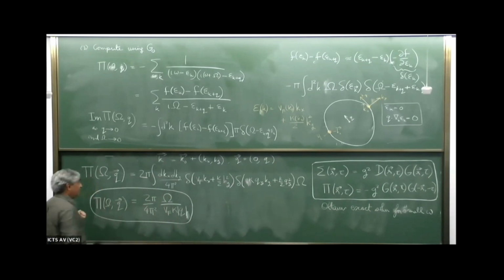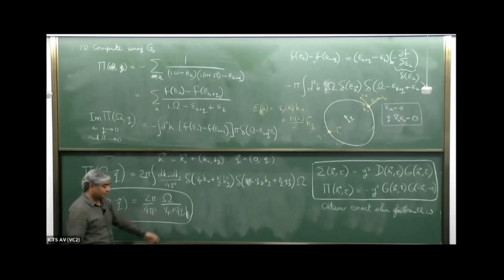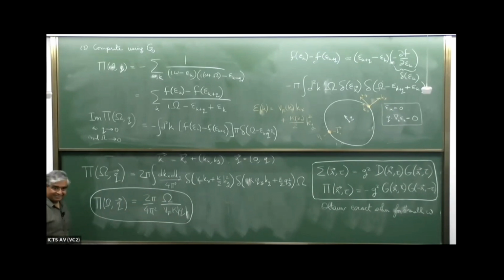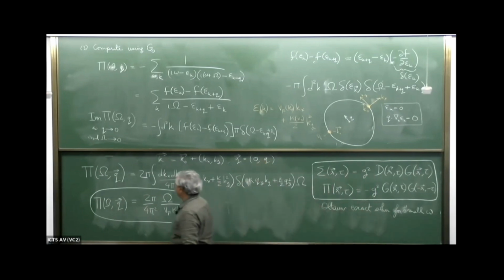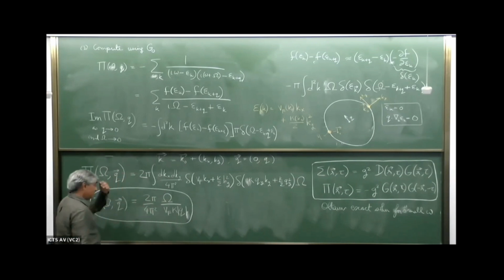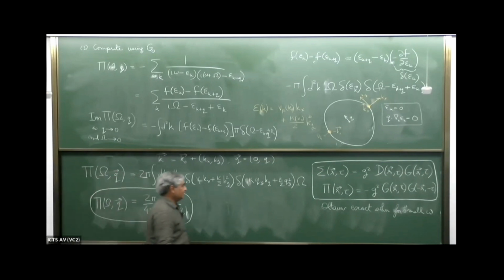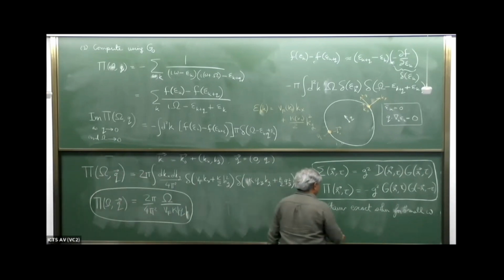It doesn't get renormalized, apart from renormalization of the values of VF and kappa, even if I use the full Green's function. Okay, so that's our next task. We just evaluated the pi using G naught, and now I want to evaluate pi using the full G. And then we'll see that there are no corrections. Okay, so that's the surprising part.